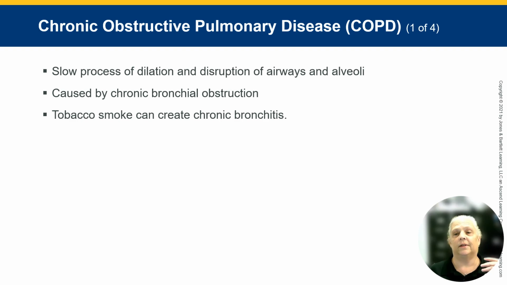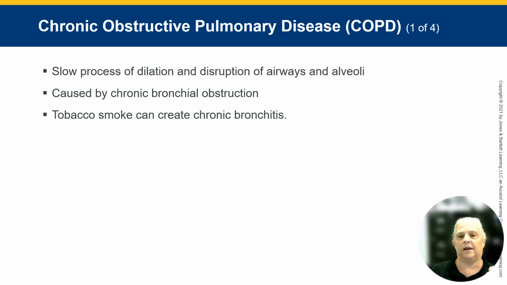Tobacco smoke can cause chronic bronchitis, which is an ongoing irritation of the trachea and the bronchi. With bronchitis, you have excessive mucus produced on a continuous basis, which obstructs the small airways and the alveoli. The airways are then weakened, and the protective cells and lung mechanisms that remove the foreign particles are now becoming destroyed.